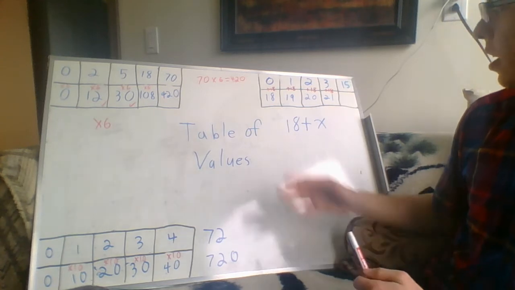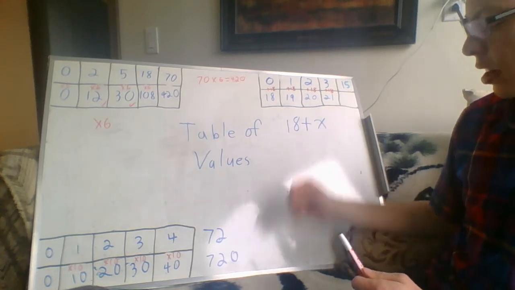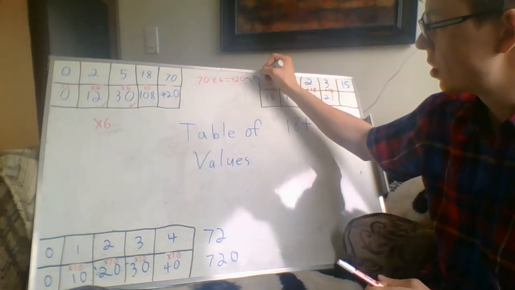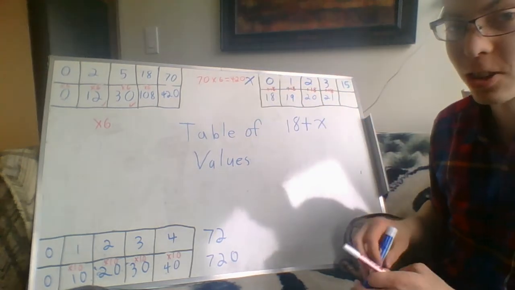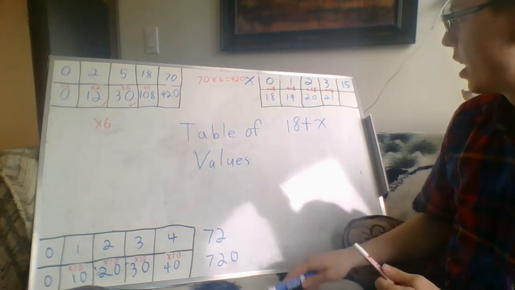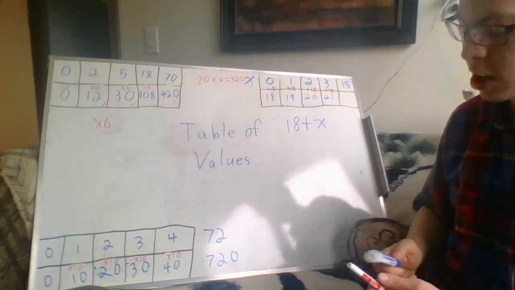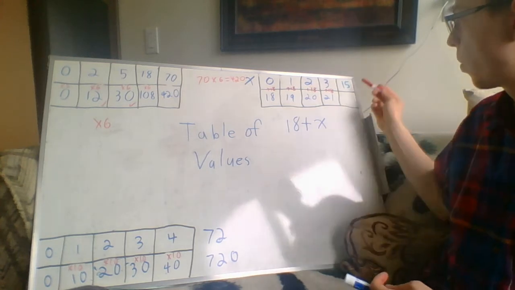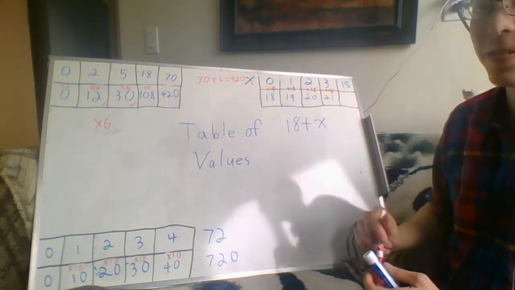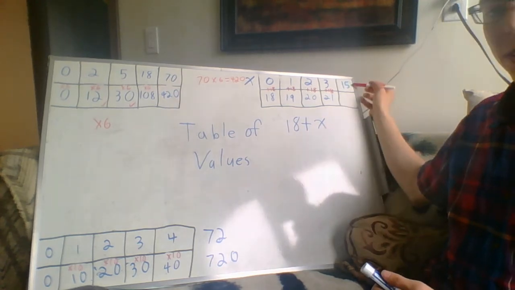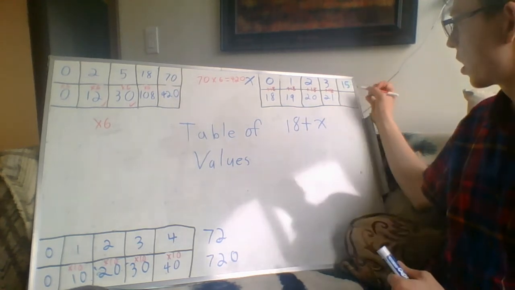So we write that with 18 plus x, and x is whatever this value is. Kind of an intro to algebra. Now that we know the relationship, we can figure out this. So the number is 15, or x is 15. So 18 plus 15.